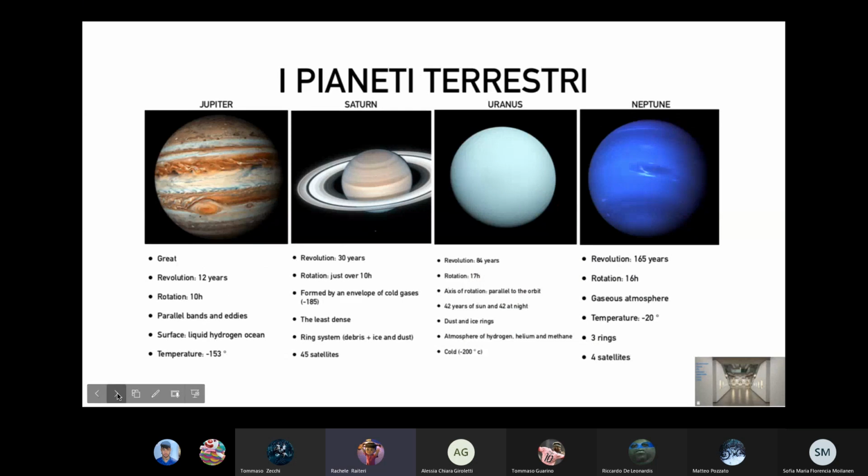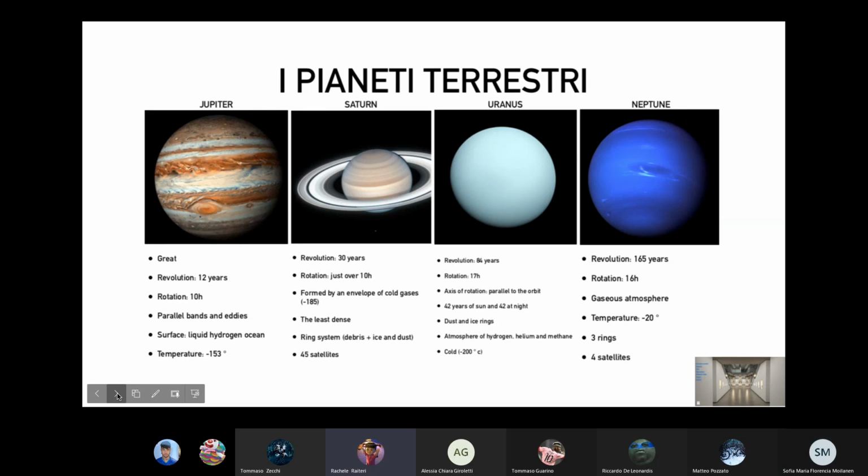Then we have the Jupiter planets. The Jupiter planets are Jupiter, Saturn, Uranus, and Neptune. Jupiter is a really big planet. It has a revolution of 12 years, a rotation of 10 hours, and a temperature of minus 153 degrees Celsius. We can find parallel bands, and its surface is mainly made up of a liquid hydrogen ocean.